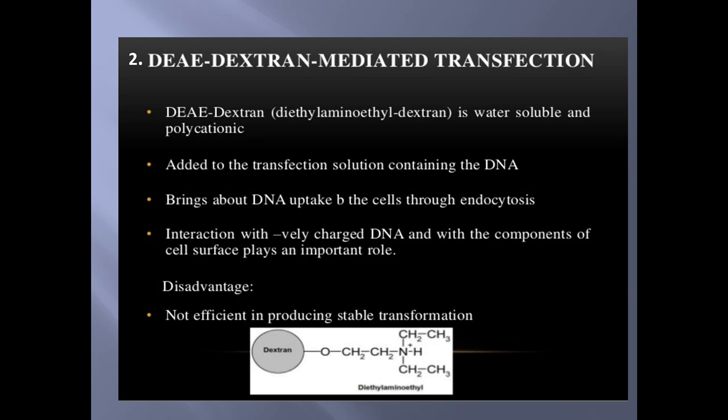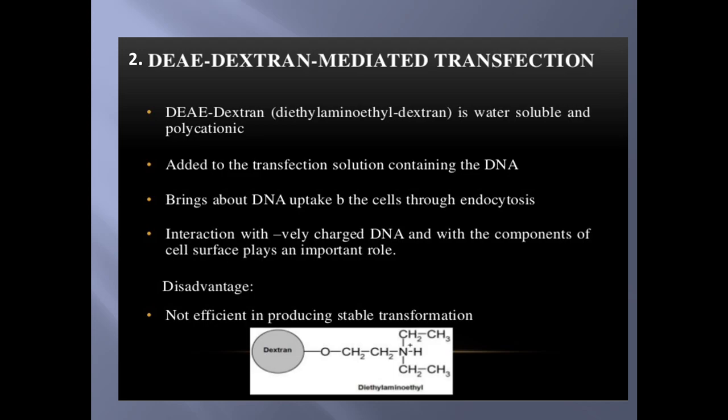The second method of gene transfer is DEAE dextran mediated transfection. The word transfection can be split into transformation and infection. It's very simple: transfection means you are infecting a cell with DNA.